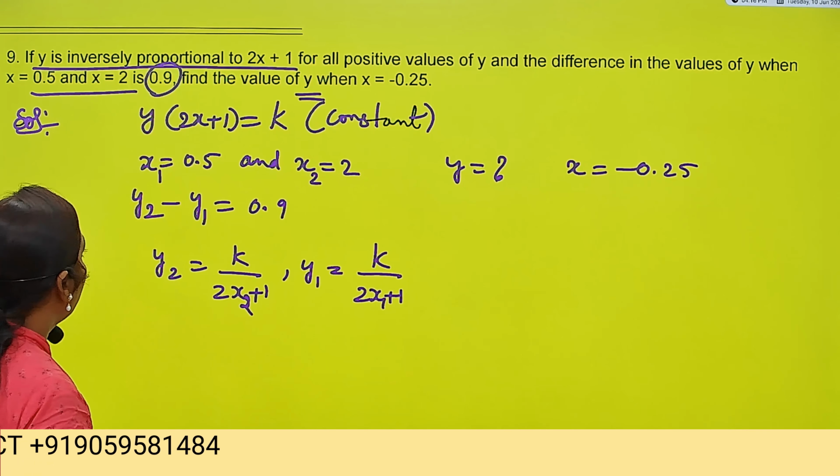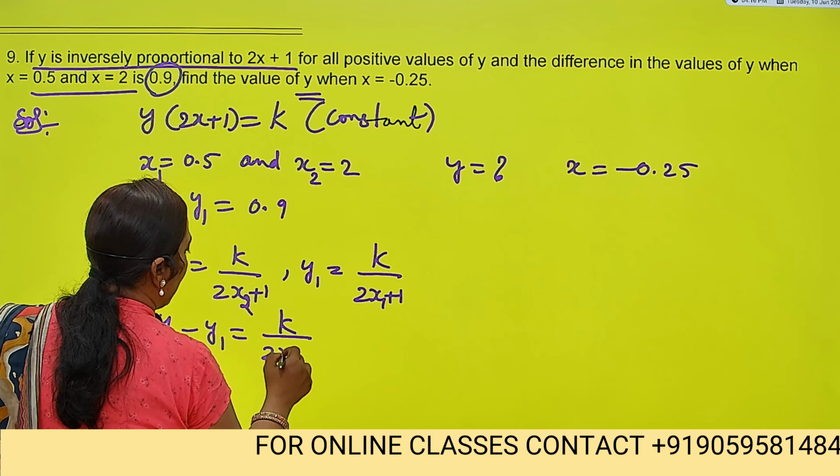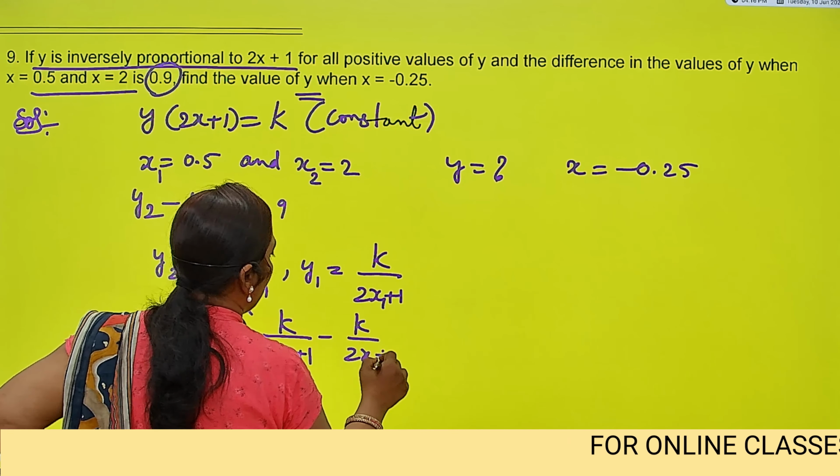Here subtract one from the other: y2 minus y1 equal to k over 2x2 plus 1 minus k over 2x1 plus 1.